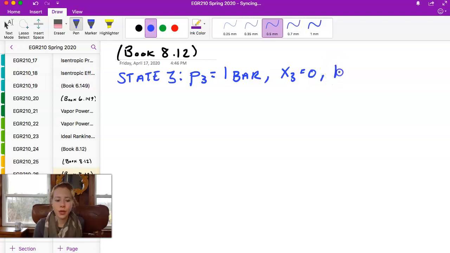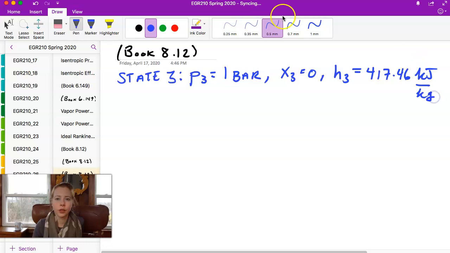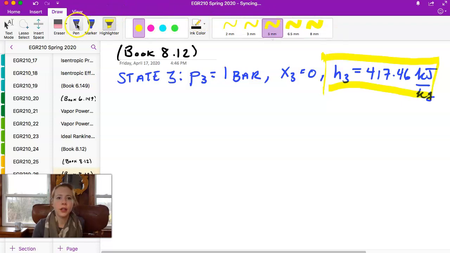So H3 is 417.46 kilojoules per kilogram. Let me put a little box around this. And let's also take down the specific volume now that we're looking at it.